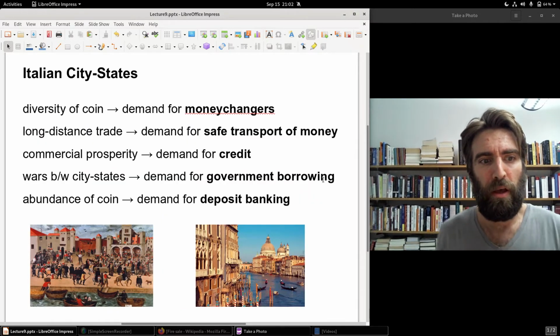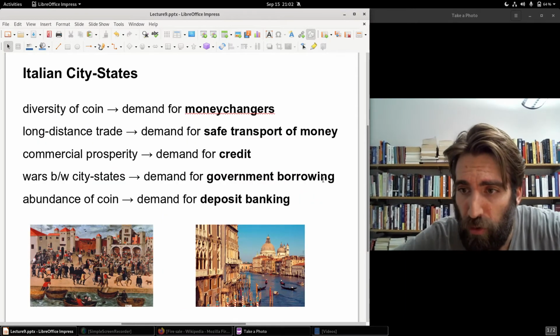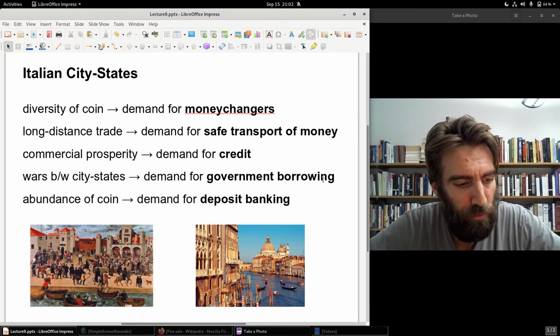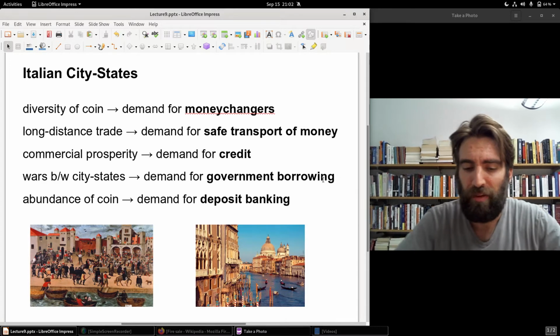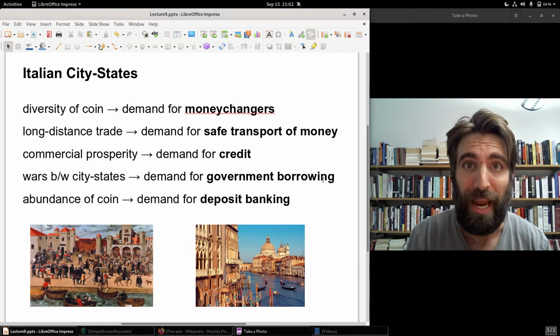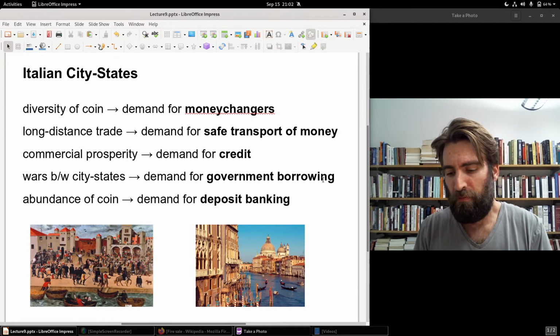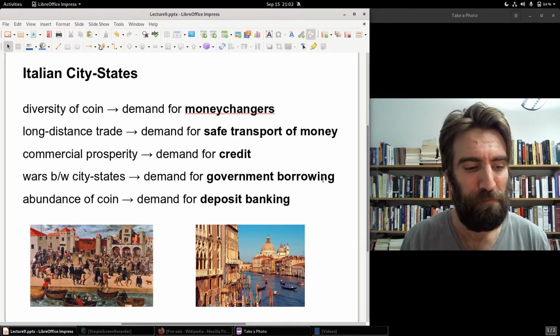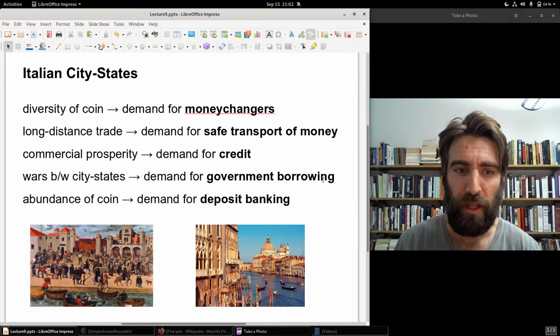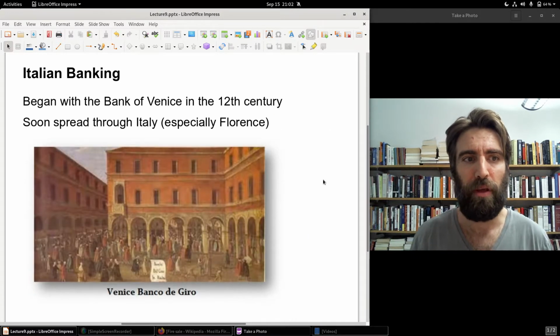Okay, abundance of coin led to a demand for deposit banking, and this is a really big subject, because it's in Renaissance Italy that we see the first really modern banks, or proto-modern banks, might be a little more accurate. But abundance of coin led to a demand for deposit banking.